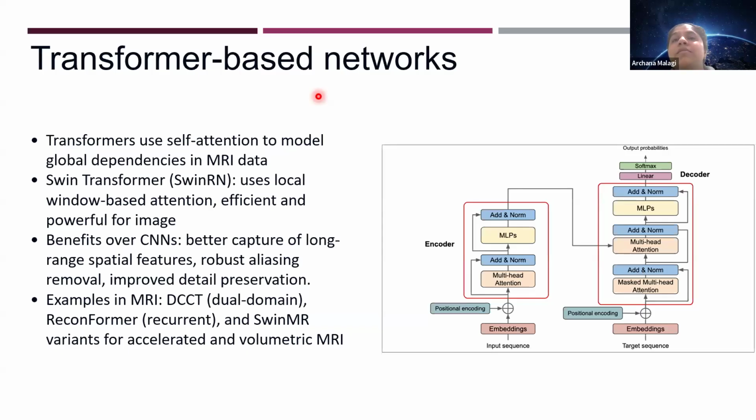Another issue is that the patient has difficulty holding his breath. So the current trend in AI image reconstruction is free breathing: we tell the patient to breathe freely, not to hold the breath.